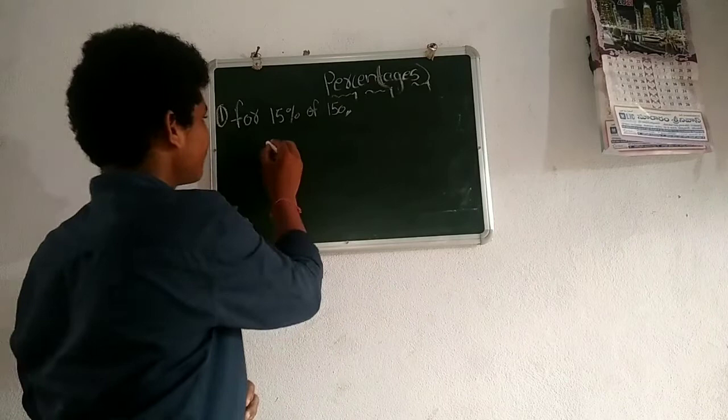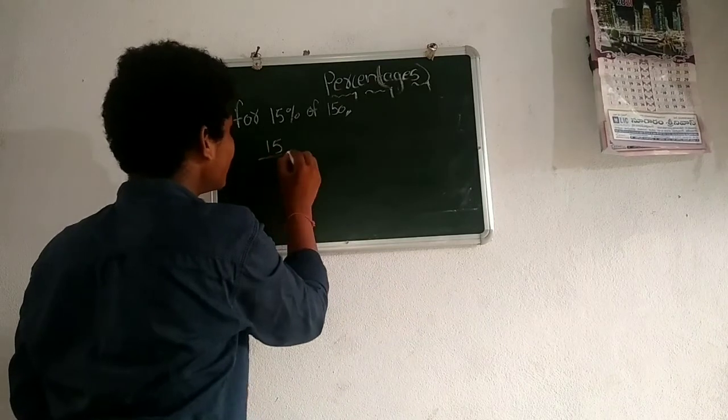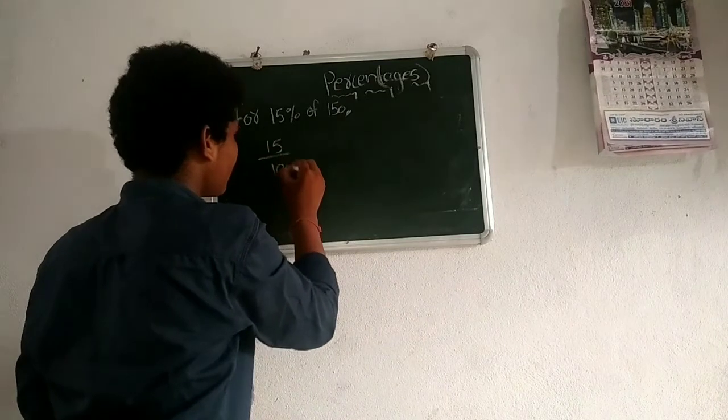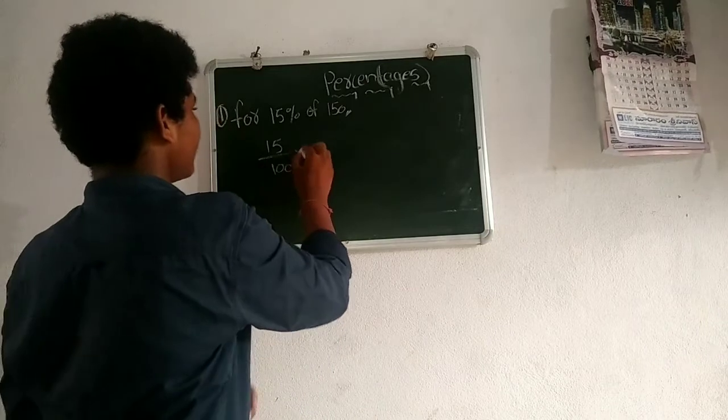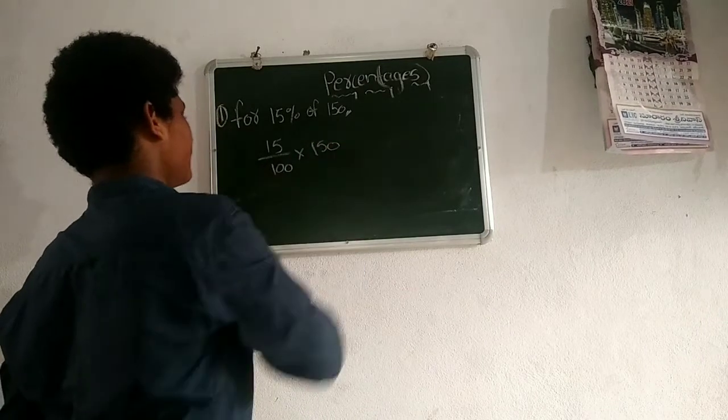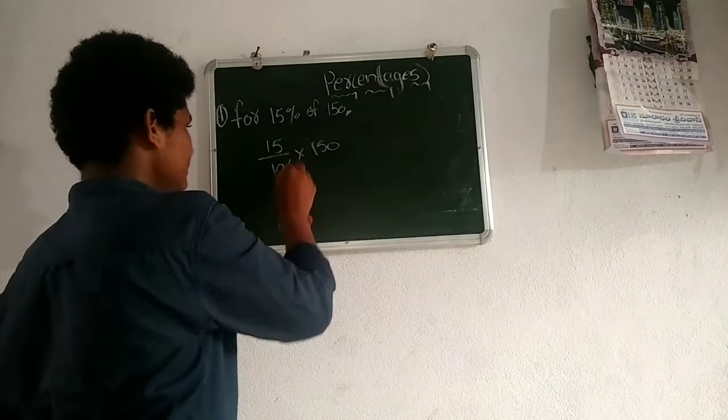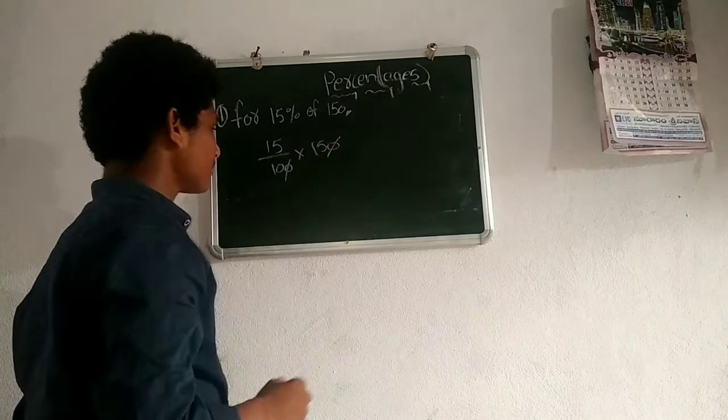Our method is 15 by 100 into 150. Simply cancel 0 and 0.